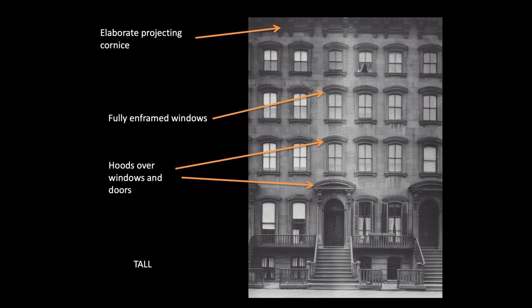The windows, like I showed you in the A.T. Stewart and Company store, are now fully framed on all four sides. There are these half-round hoods over the windows and doors. And as I mentioned, these are tall compared to the row housing that came before it.